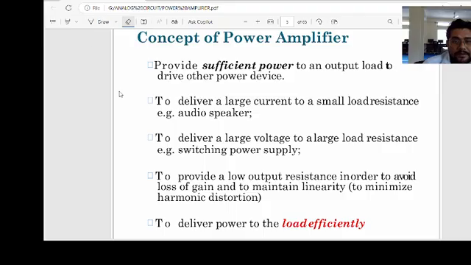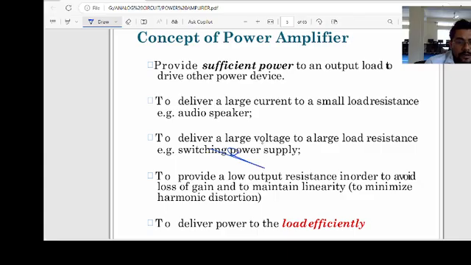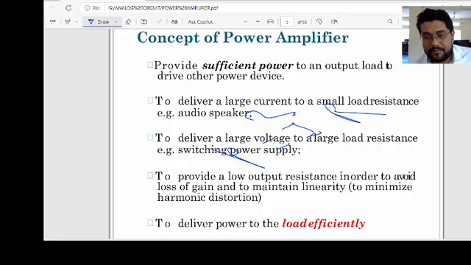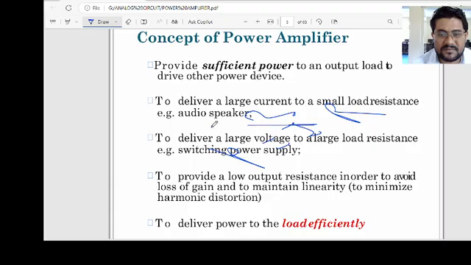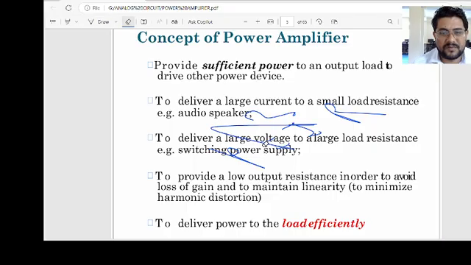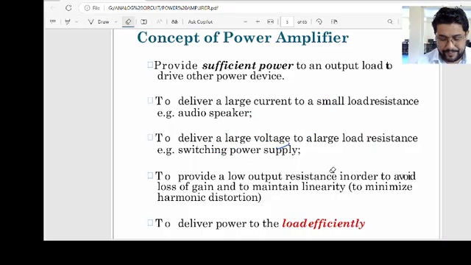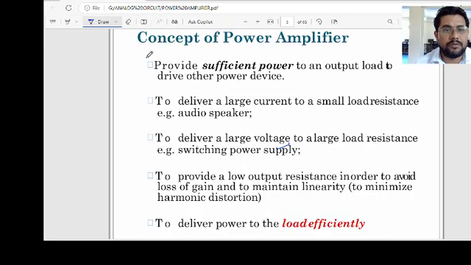So what is power? We know that power P equals I squared into R. So how will the power be large?